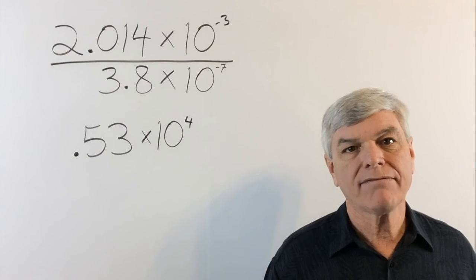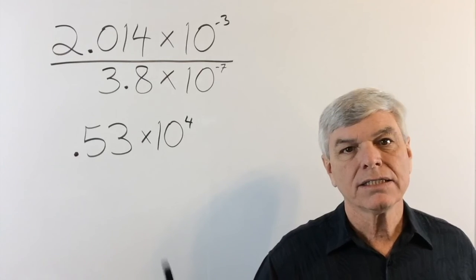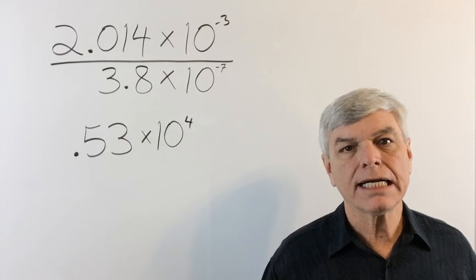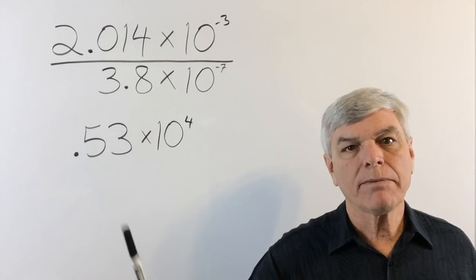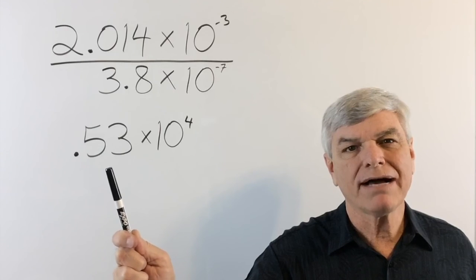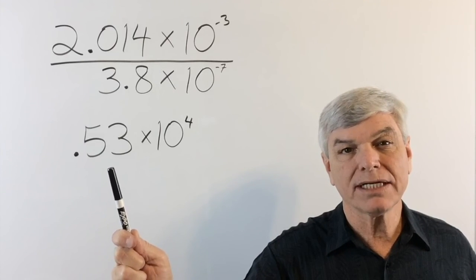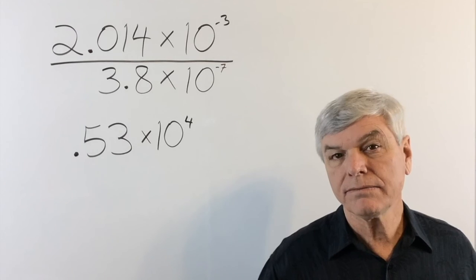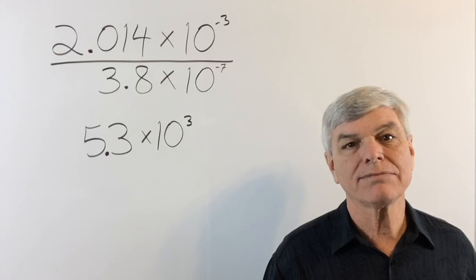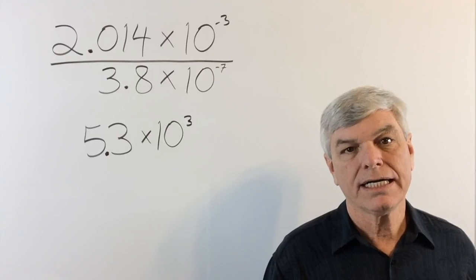And we have 0.53, so we're going to move this decimal point to right there, right? And that will make it a bigger number, right? 0.53, and we're going to make it 5.3, so that's a bigger number. So what are we going to do here? We are going to make the exponent a smaller number, and that is our answer, 5.3 times 10 to the 3rd.